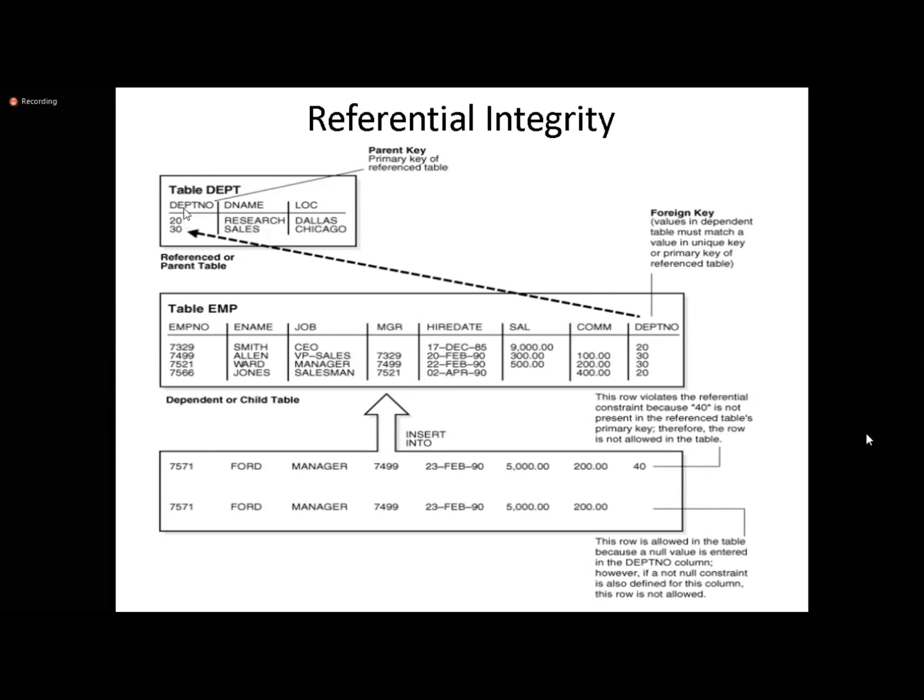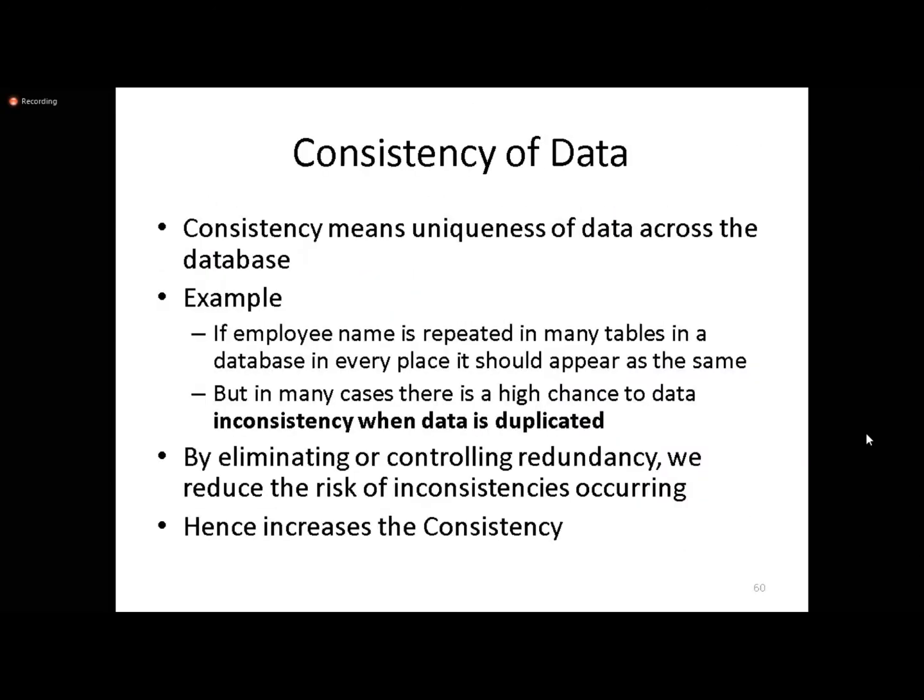But we have to refer to this value in both tables, so we make that column a key, and only that column is duplicated in both tables, not all the rows or the records. So redundancy is allowed when it is controlled. The redundancy is needed, but it is controlled.